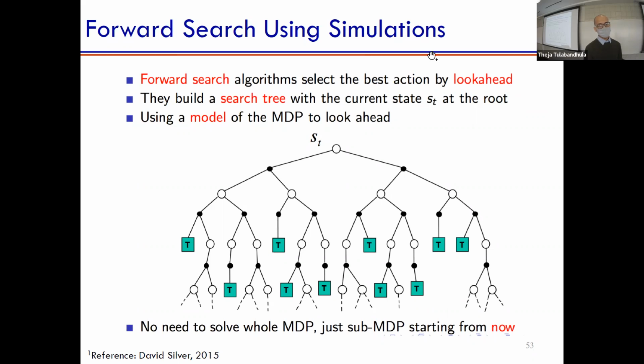So how do you look ahead? In forward search, the core element is a search tree where the current state is the root, and then all possible things that can happen from the current state. To say what can happen, you also need access to something which tells you what happens under every action. You're in state ST, and you take action 1 or action 2.